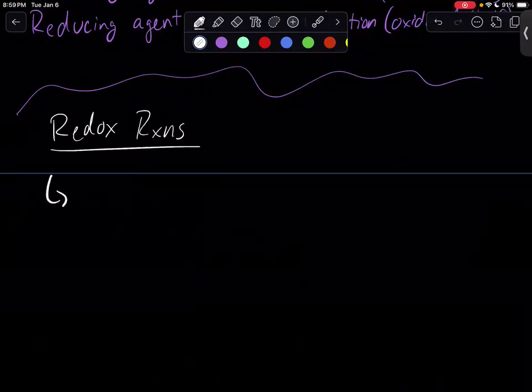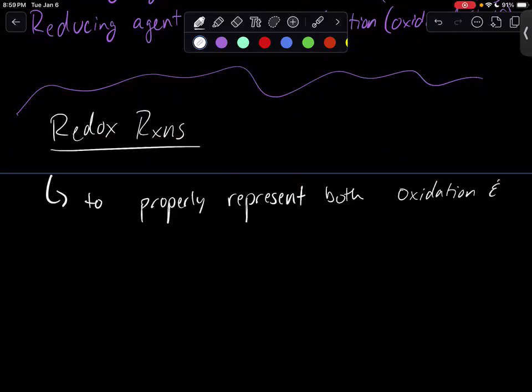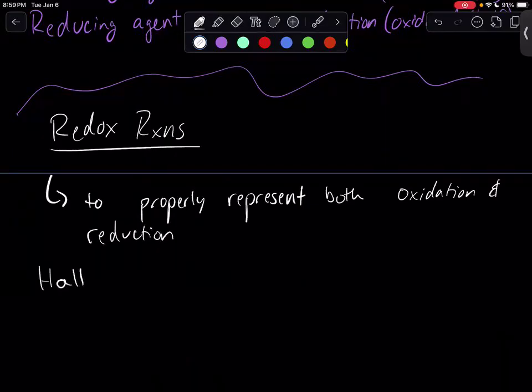So for a redox reaction, what we really want to do is to properly represent both oxidation and reduction. So to do this, we use what are called half reactions.